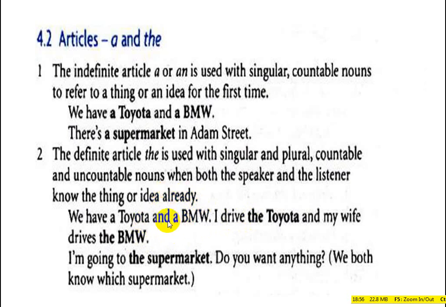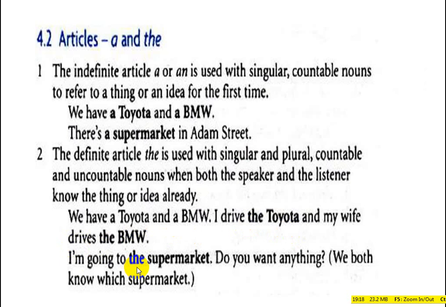So in the first sentence we do not know that somebody or this family has a Toyota and a BMW. But in the second sentence, because we refer to the idea, we use the definite article the. I drive the Toyota and my wife drives the BMW.